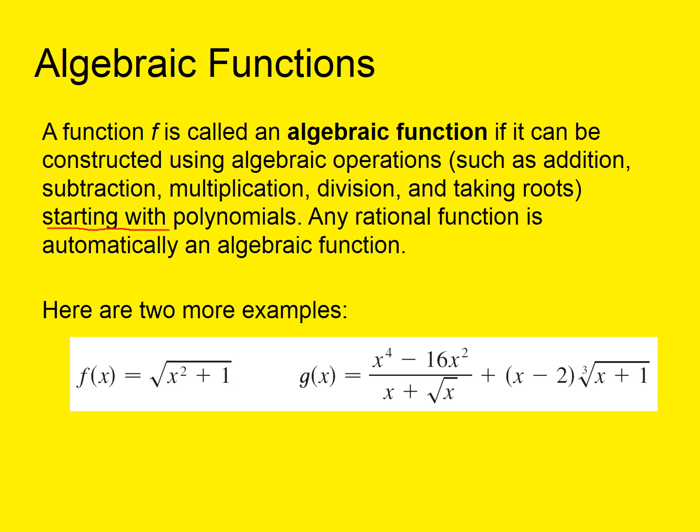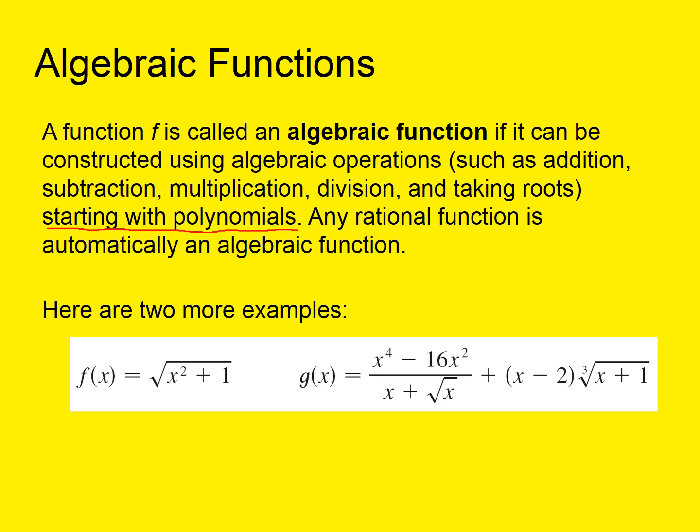So if you take polynomials, we know what those are, and you run all those kinds of operations, then that's considered algebraic, as opposed to other functions, which we'll talk about in a moment, which are not algebraic.